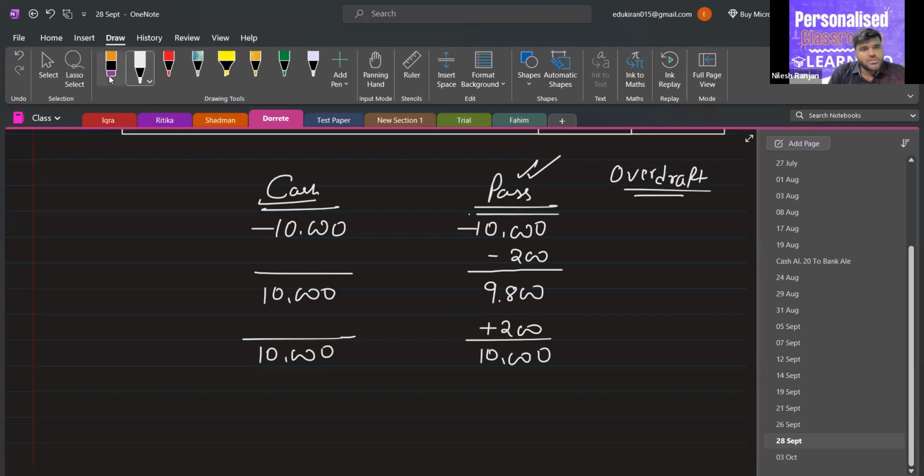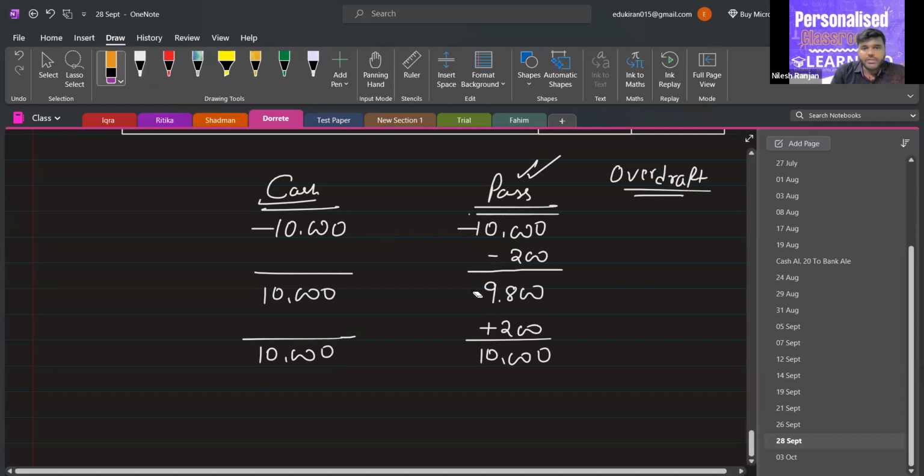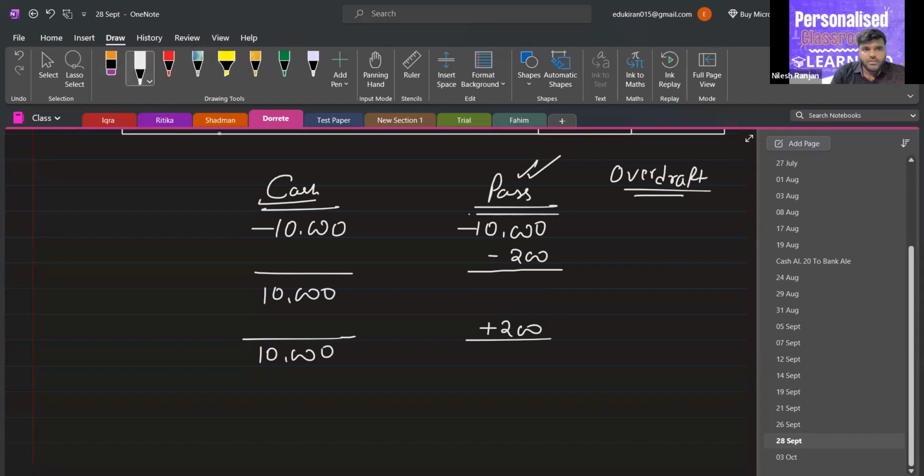So now it will become minus 10,200. And there is no change in the cash book balance.